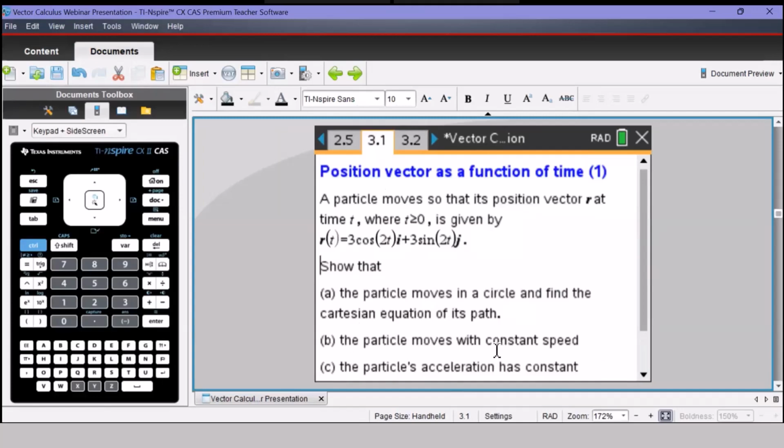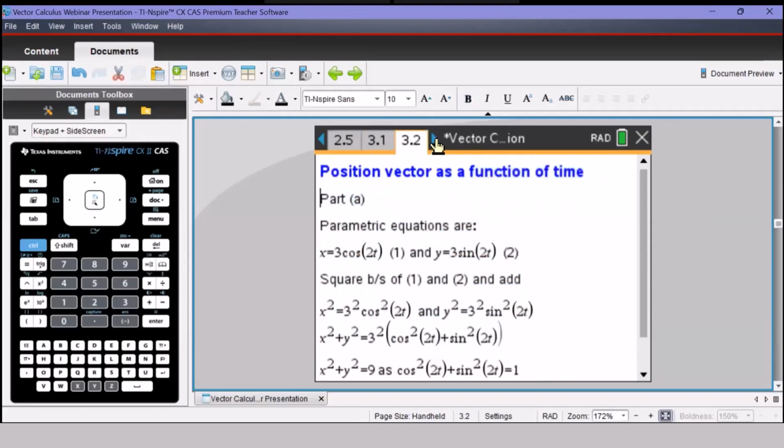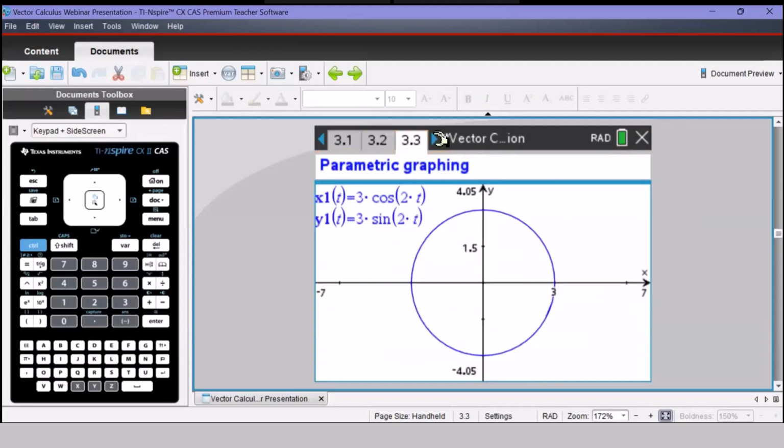Now, part B is quite straightforward by hand, but let's start to bring in the capabilities of TI-Nspire to answer parts B and C. So we move now to page 3.3.